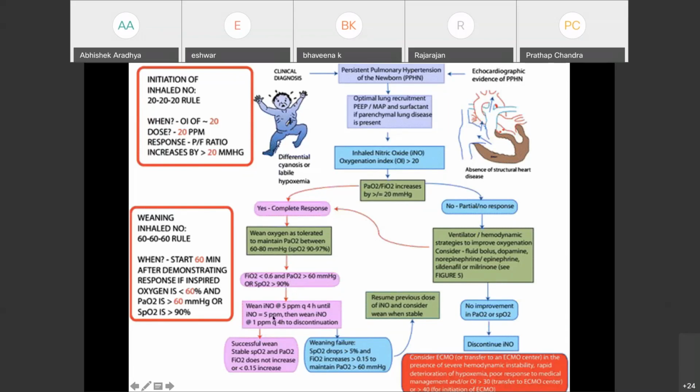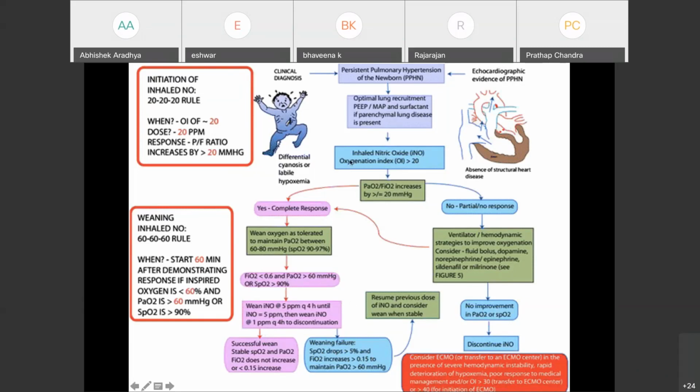Then you should wean even slower than that, going by 1 part per million every 4 hours, and then you discontinue. How do you know if you have successfully weaned? Your oxygenation and your saturation and your PaO2 should be stable even after discontinuation. If this doesn't work, coming to the blue picture here, then you have to restart your nitric oxide and then start from where it has worked. Then you start weaning it down.